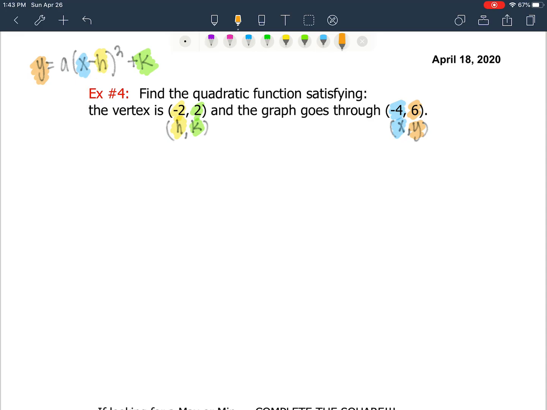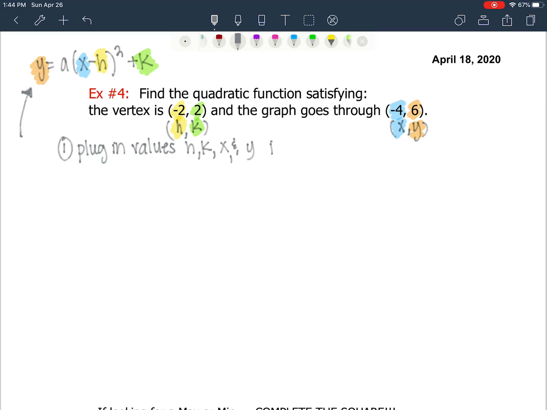But if we can plug in all those numbers into our quadratic function in vertex form, we'll be able to solve for a. So that's the first thing we want to do, is plug in all our values h, k, x, and y into our vertex form. And then what that's going to do is it's going to allow us to solve for a.